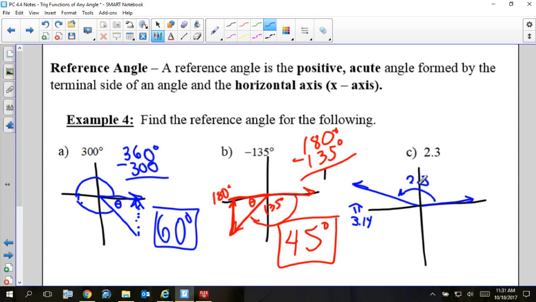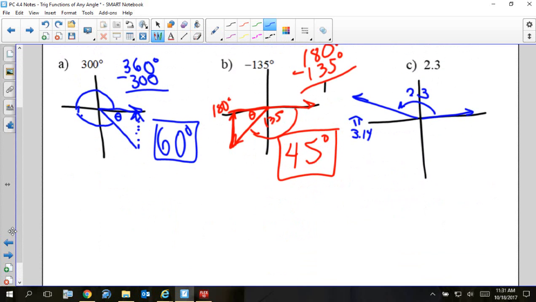What about 2.3? My reference angle connects my terminal side and my x-axis. That's where the theta is going to go, the terminal side and the x-axis. So if I went all the way, it would be pi, but I'm not going all the way. I'm going 2.3. So if I take pi and I subtract 2.3, I get the answer.